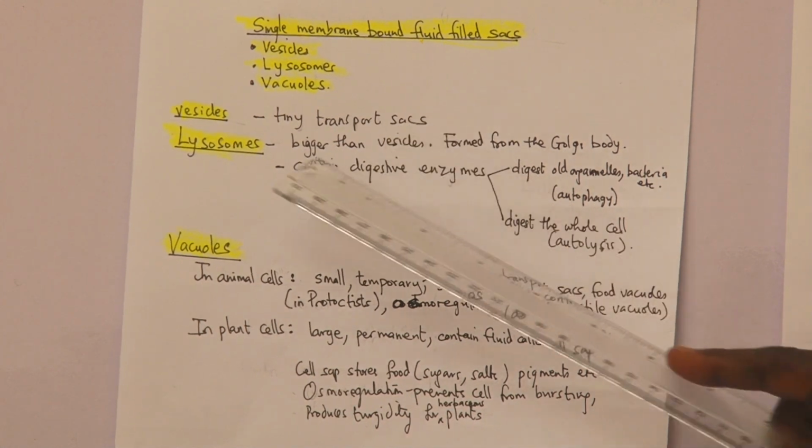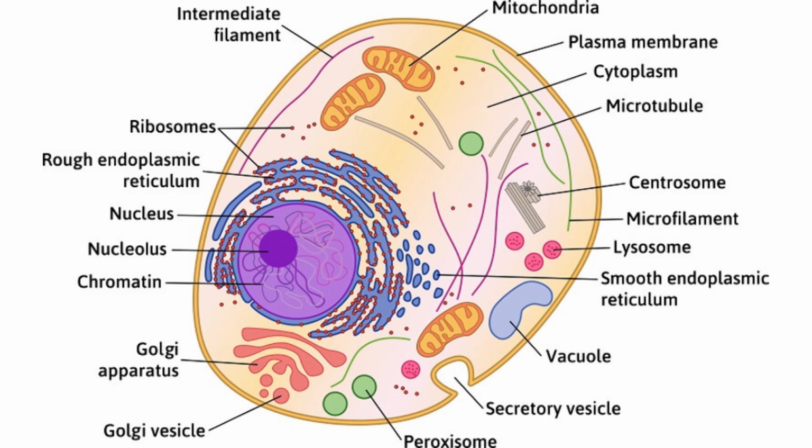They transport material. Lysosomes are also single membrane bound fluid filled sacs. That's a lysosome. The lysosomes too are built from the vesicles.